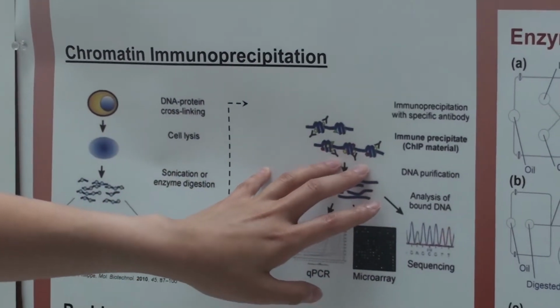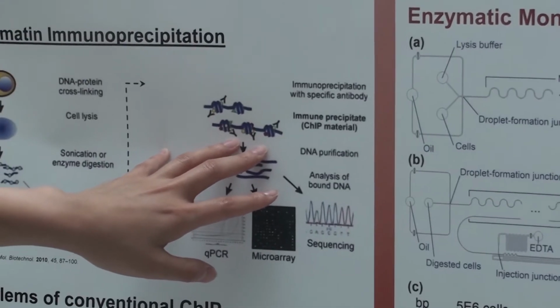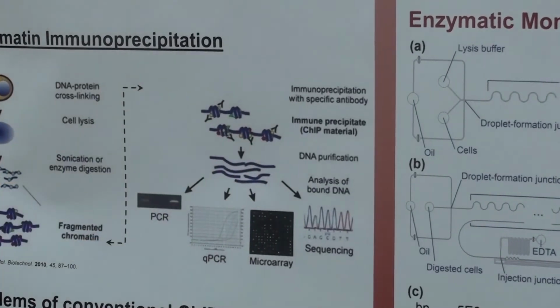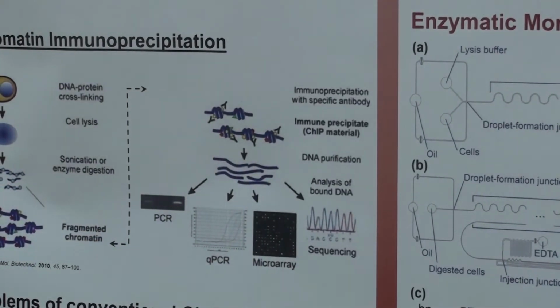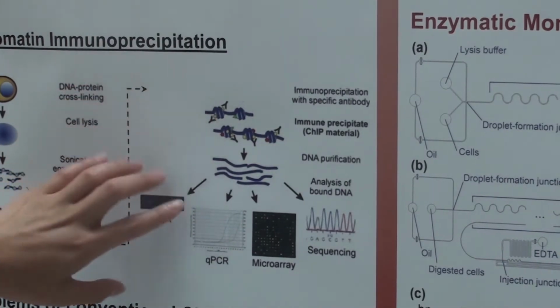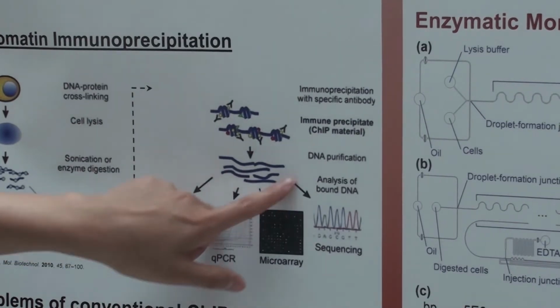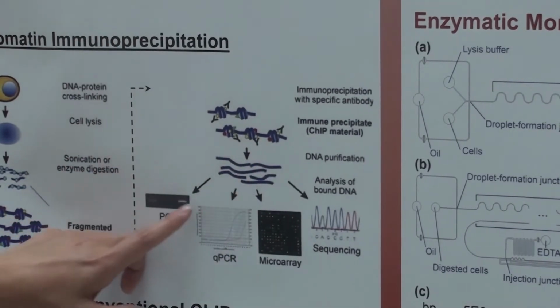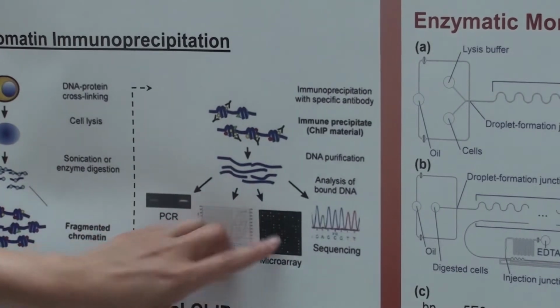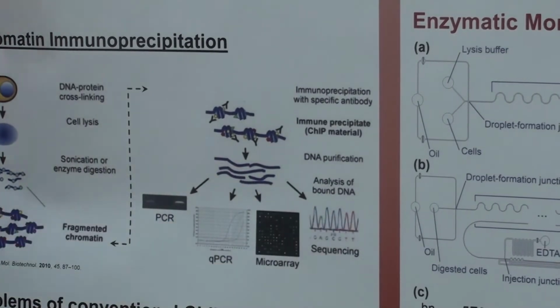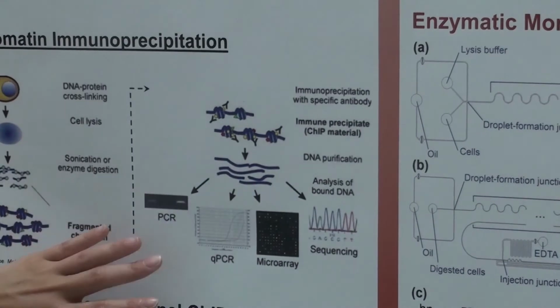Now you add your specific antibody-modified magnetic beads to pull down your histone of interest, as well as the DNA. Then we digest the proteins with protease, leaving only DNA, so that we can run the PCR to get the sequence of your DNA. So this is the whole technique.